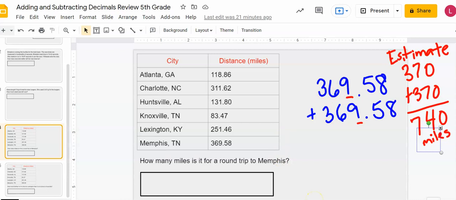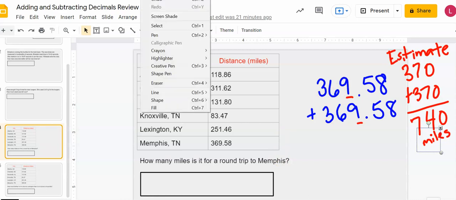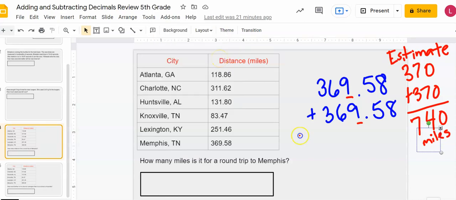So let's add these together. I'm going to stay with the red here. Okay, I'm going to add my hundredths together. 8 hundredths and 8 hundredths is 16 hundredths. Tenths together. 5 and 5 is 10, and one more is 11. Put my decimal. Now I'm at the ones. 9 and 9, that's a double. 18 and one more is 19.